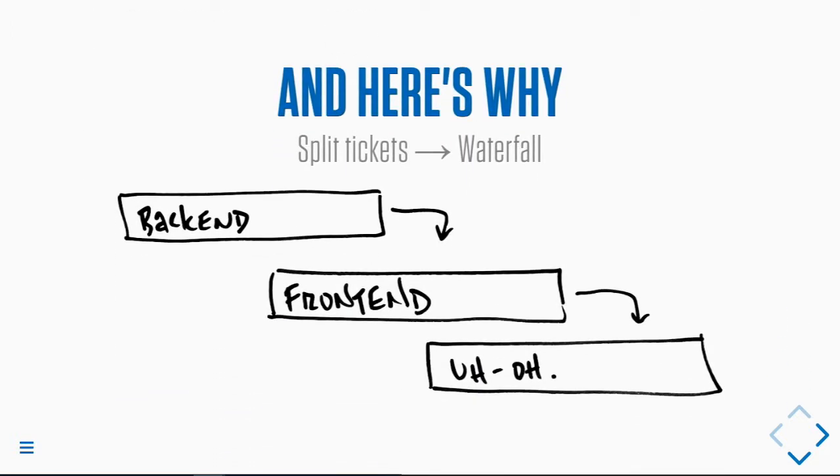So here's what happens. If you split tickets, you have back end and front end, and as we've moved to more component-driven design, my colleague's point this morning was front end actually is working first now, so I might need to reverse the image here. We'll have a bunch of front end components that are built out before the back end catches up.